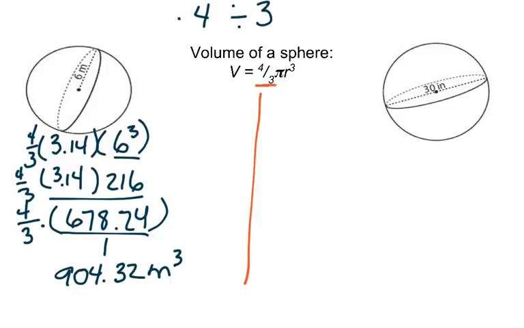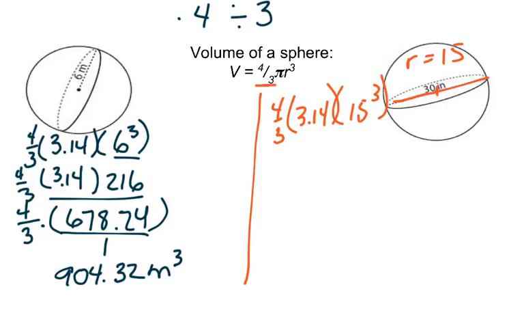Now let's try the volume of this sphere right here. Well, we know that its diameter is 30, so we have to find its radius. Half of 30 is 15, so the radius is 15. All right, so let's plug it in. 4/3 times pi times 15 cubed. Okay, 4/3 times 3.14. 15 cubed is 3,375.